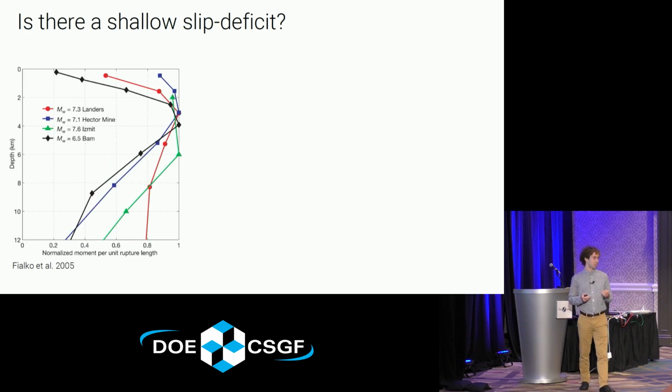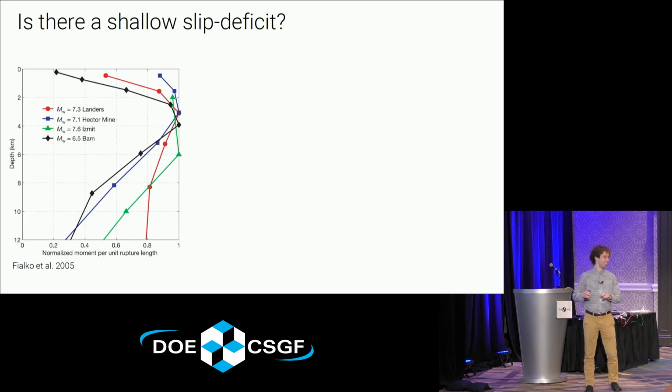So there's a question that's been lingering in the community for a while called the shallow slip deficit question. And I've got this plot over here, depth versus normalized moment per unit rupture length. You can think of that really simply as how much did the fault slip at certain depths.